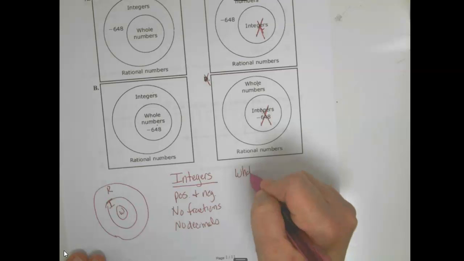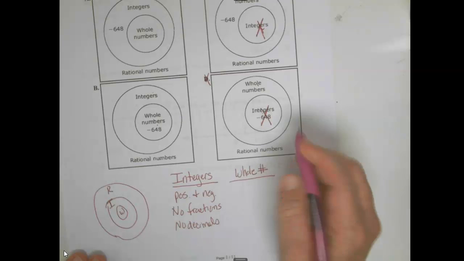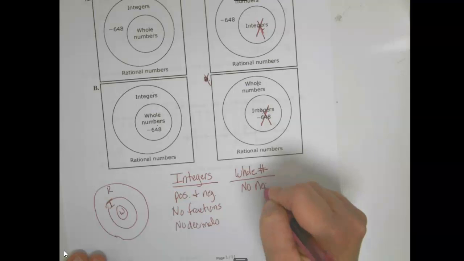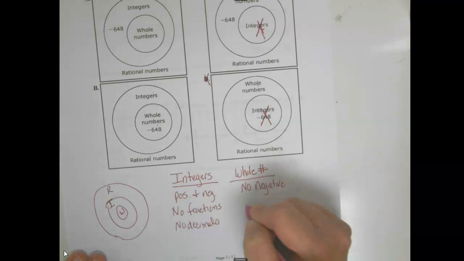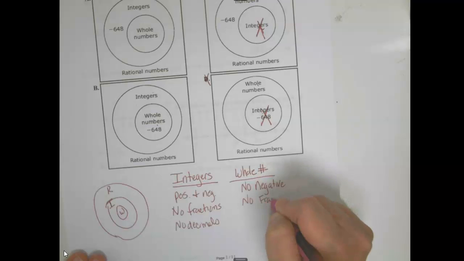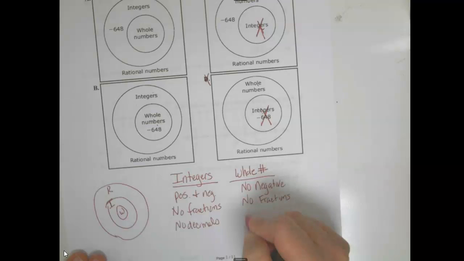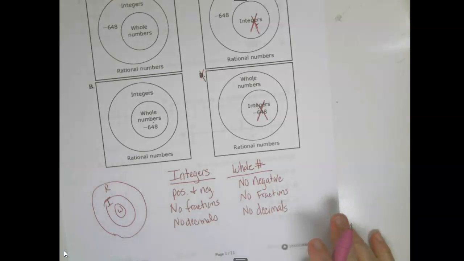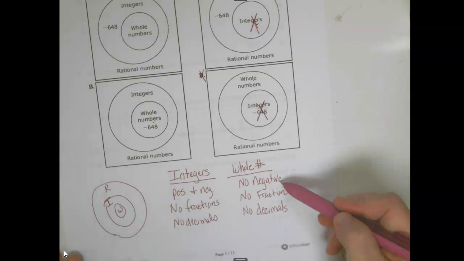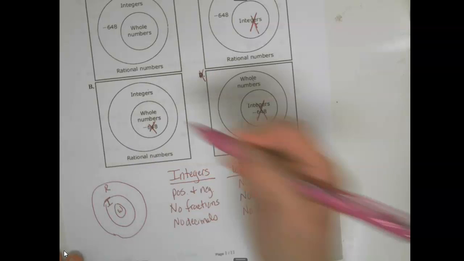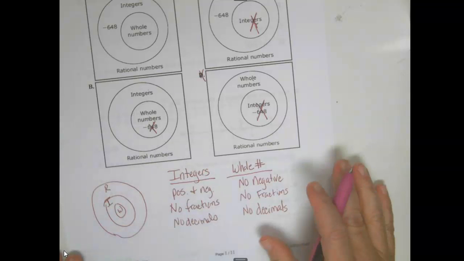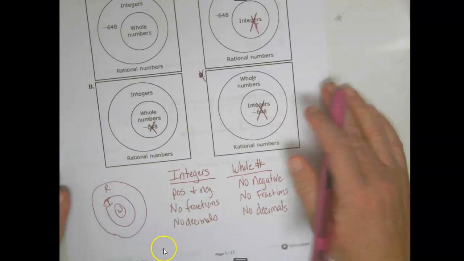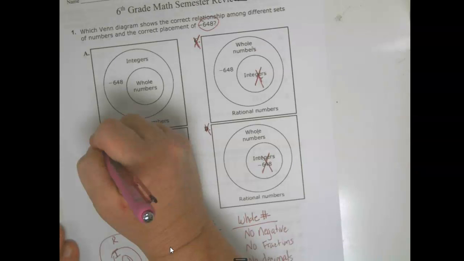Whole numbers: no negative, no fractions, no decimals. So if it cannot be negative, I know this one is out, because whole numbers cannot have negatives, so my answer has to be A.